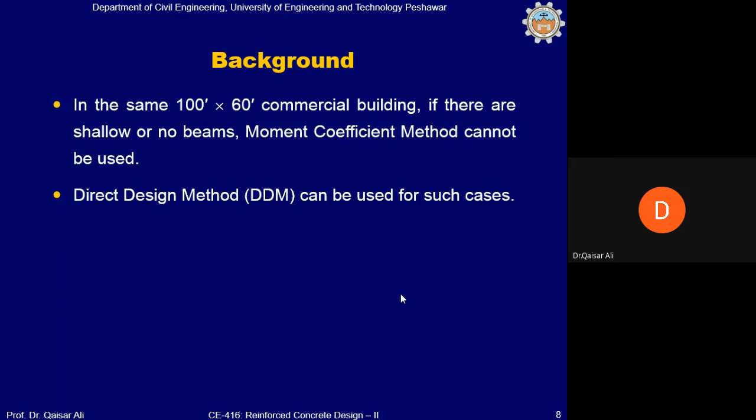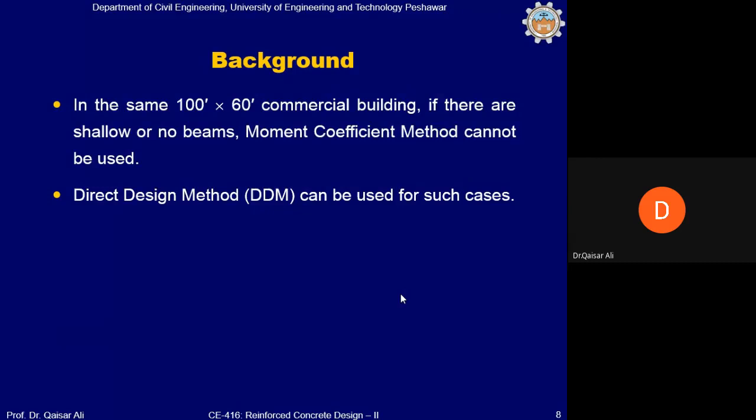So most of our time was utilized in analyzing the system. If you remember, in all the previous lectures, the moment coefficient method for two-way slab was also a method of analysis. The approximate method of analysis which we used for the beams and the one-way slabs was also a method of analysis. You should remember that in the ACI code, these approximate methods are permitted to be used as an alternate method. This is not the main method of analysis.